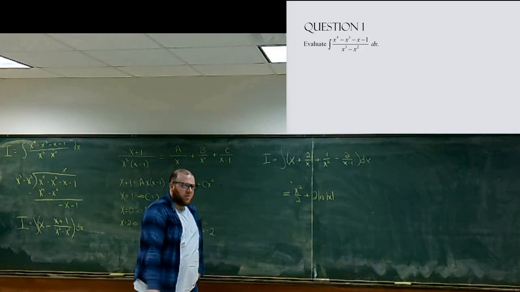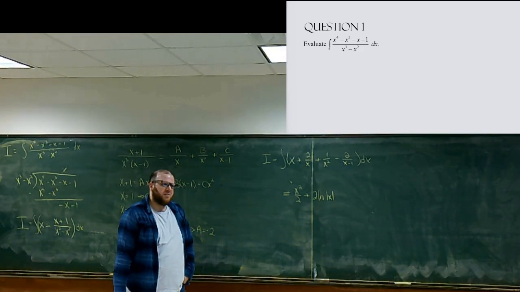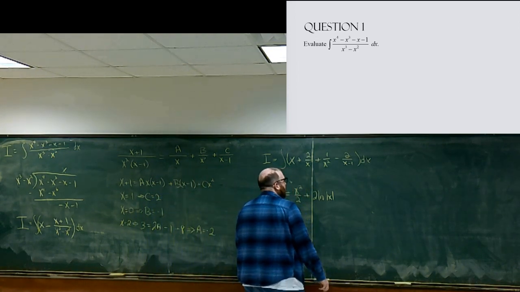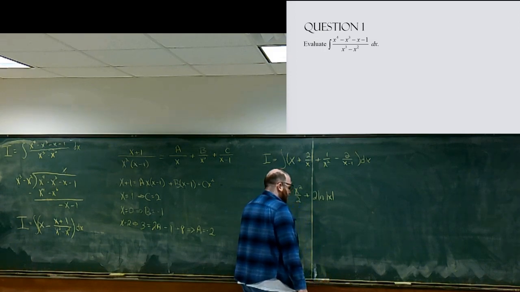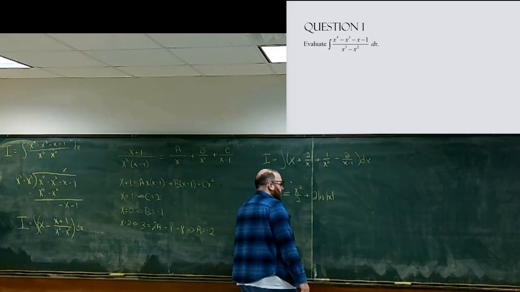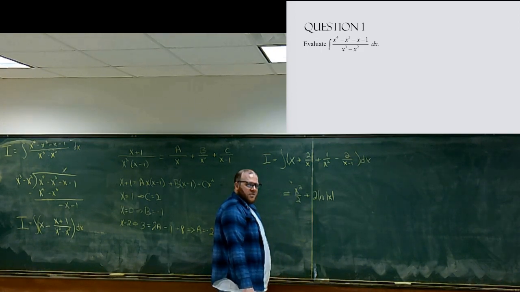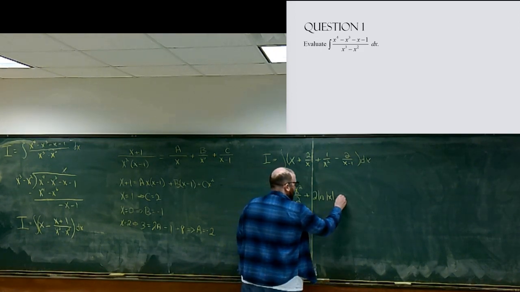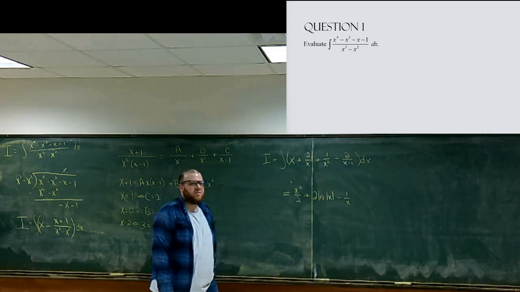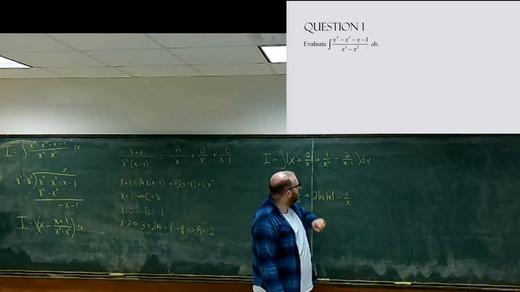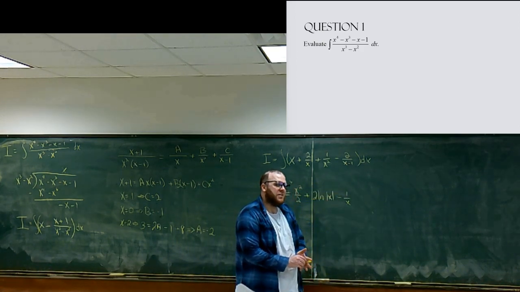Antiderivative of 1 over x squared. X to the negative 2. So the antiderivative would be x to the minus 1 over minus 1. Antiderivative of 2 over x minus 1.